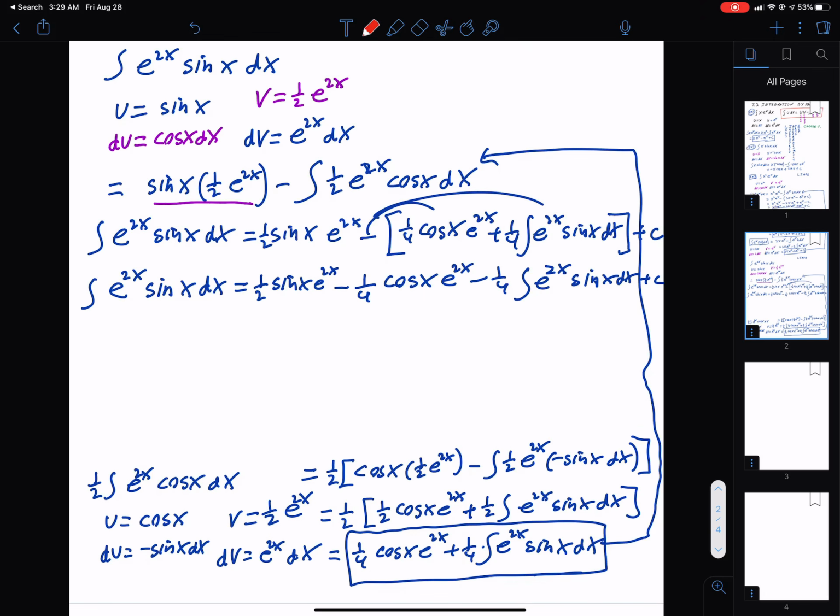So here it comes. Look at this and look at this. What do you notice? They're the same. So here's the magic. I'm going to add this to both sides, and to this one also. I'm just doing my algebra skills.